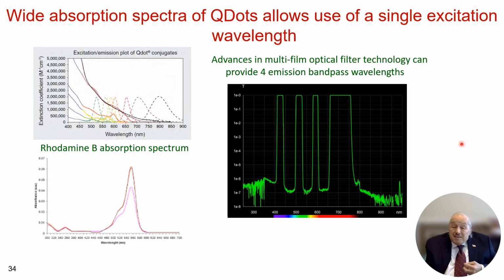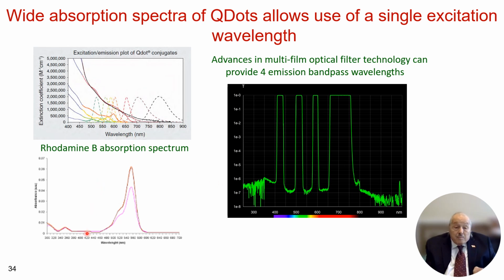If you're going to use a flow cytometer, you want to be able to separate all the wavelengths, and notice this is a log scale. The optical engineers who design the optical interference filters are able to design optical filters with 4 band passes, 3 band passes, whatever you like, and thus detect how much of each of those individual nanoparticles is bound to the cell surface.